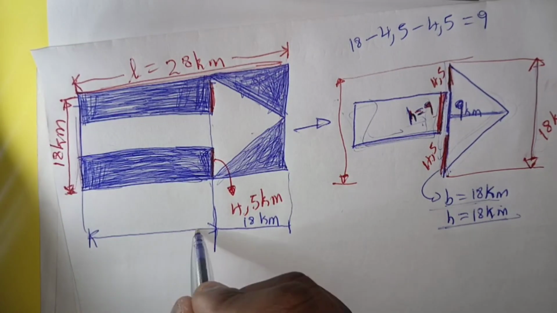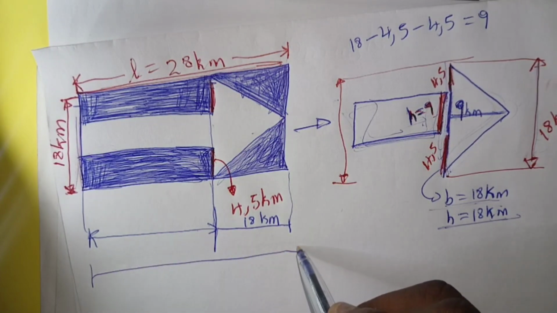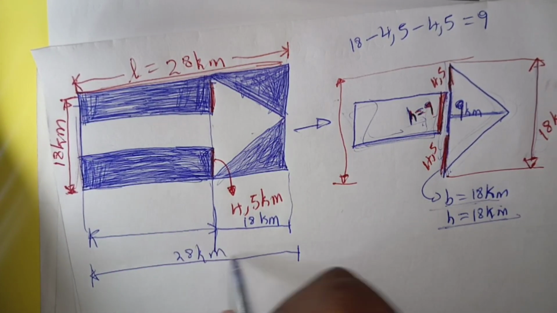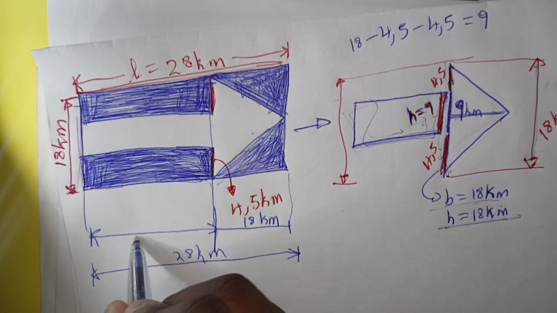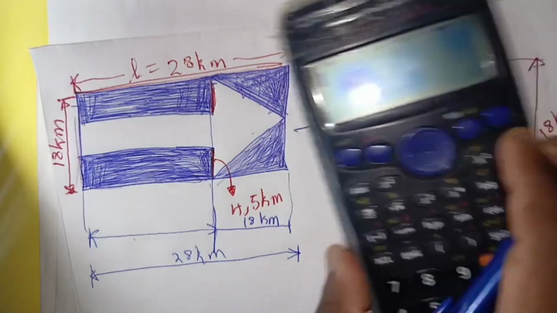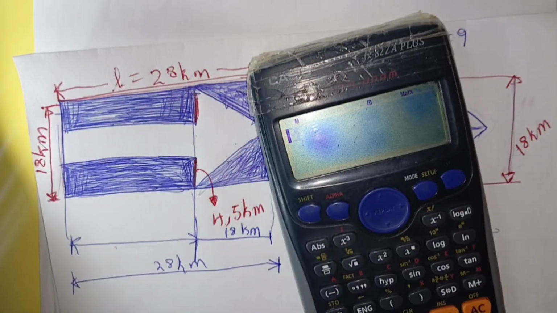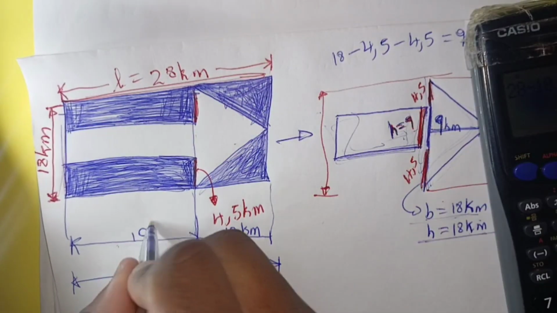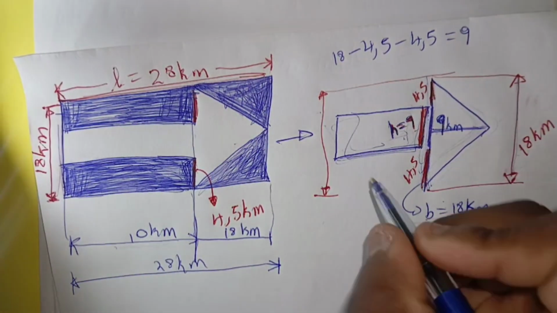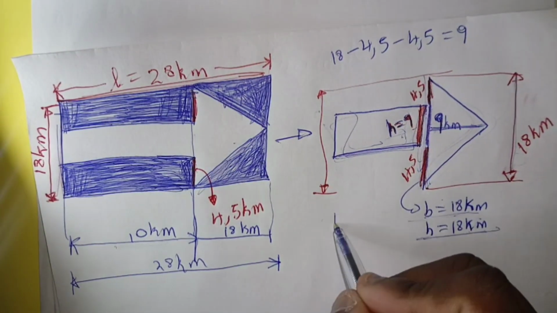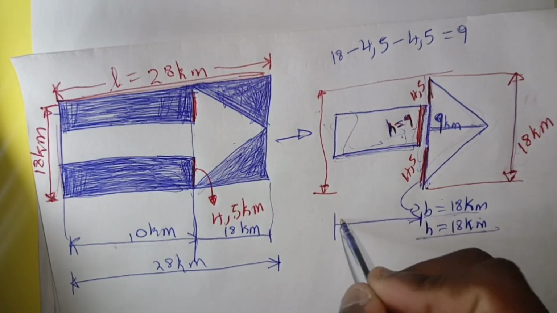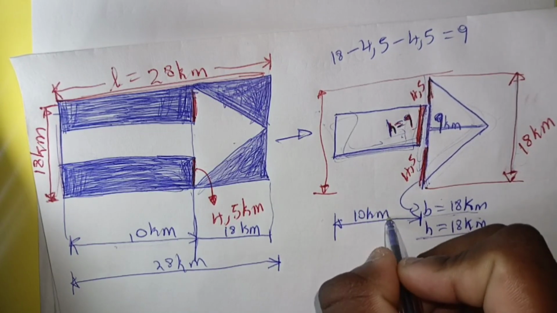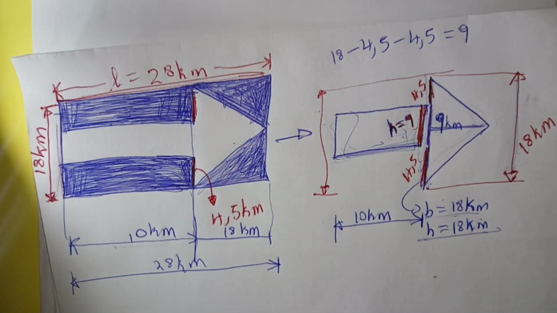To get this one, since you know the total length is 28 kilometers, you'll just say 28 minus 18, so you get 10 kilometers. So this tells you that this distance is 10 kilometers. So now we know everything.